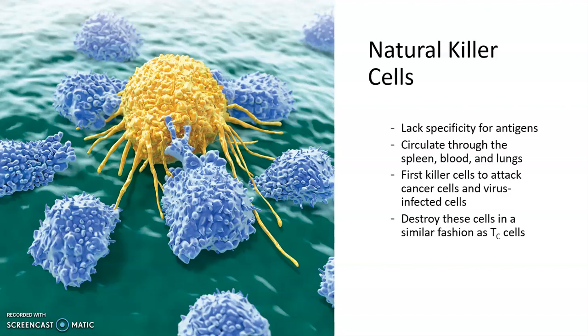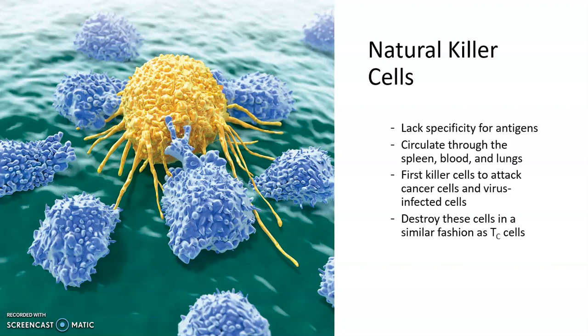So you would have one type of cytotoxic T cell that would go around and kill any of the cells that were infected with measles. You'd have another going around killing any of the influenza-infected cells, and then a third going around killing any of the COVID-19 infected cells.